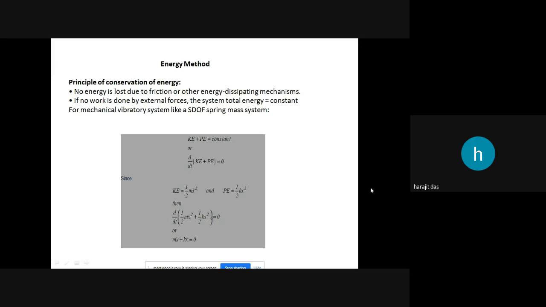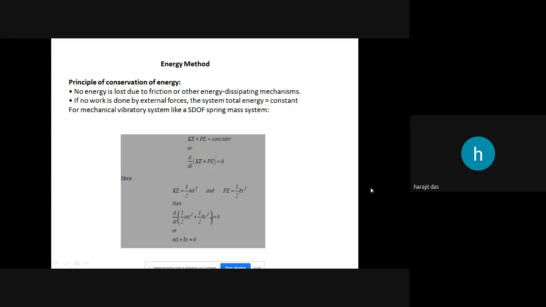The second one is that no work is done by external forces, thus we will consider that no work is done. Because if we apply some external force and some displacement happens, that will create some work, isn't it?